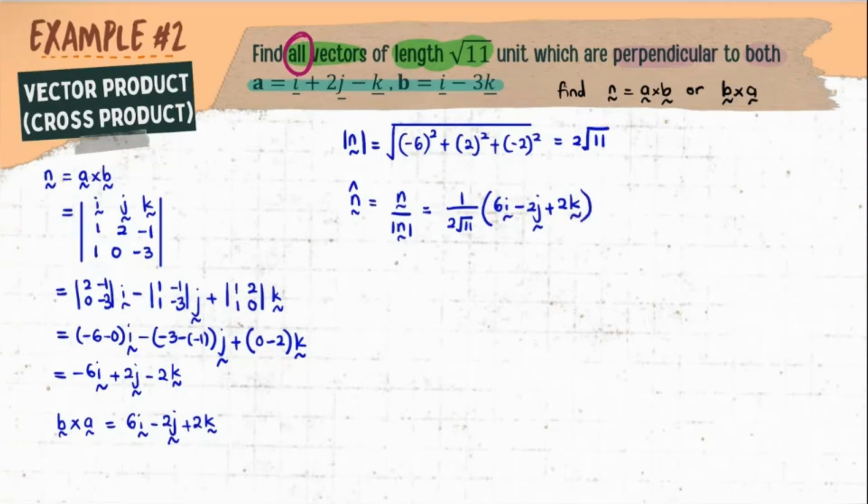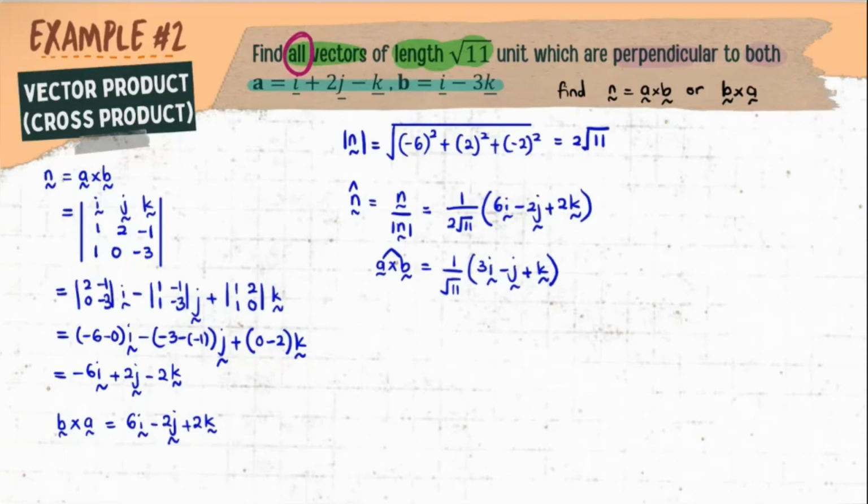Okay, so here if we simplify, A cross B hat will be 6 bahagi 2, apa? 3. So saya buat sebagai 1 over square root 11 of 3i minus j plus k.